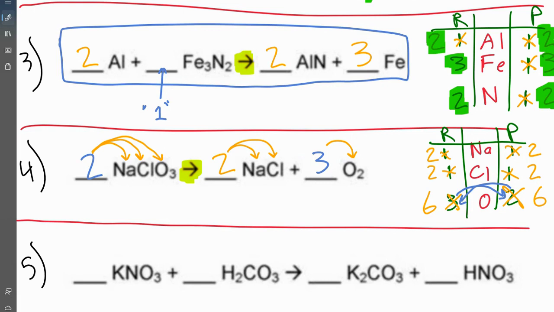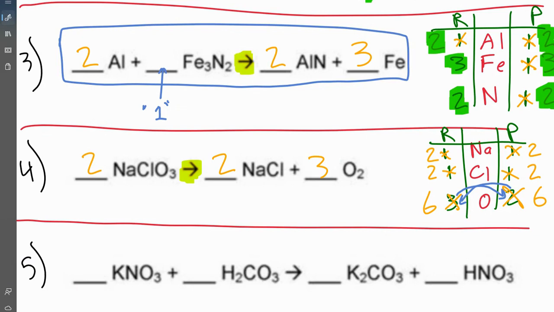We have 2 chlorines, 2 chlorines. We have 2 times 3 oxygens, so 6 oxygens, and here we have 3 times 2 oxygens, so 6 oxygens. Perfect, we are done. I'll erase these arrows just so you can see them a little better. Oh, I should do these in orange instead of in the blue.